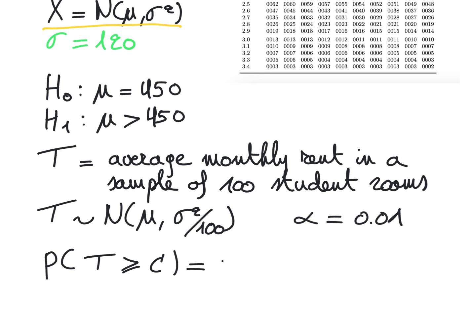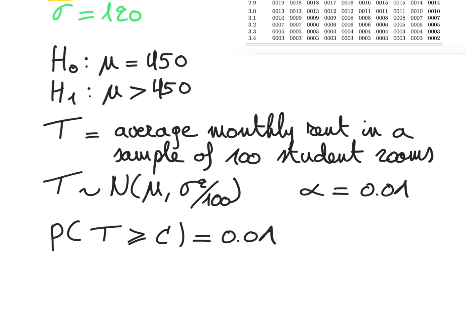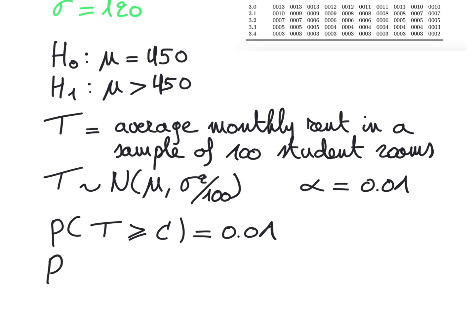If this probability is equal to or less than 0.01, now we can use that to compute C. Let's first make everything standard normal. So we'll take this T minus mu, in this case 450, because we will assume that the null hypothesis is actually true.